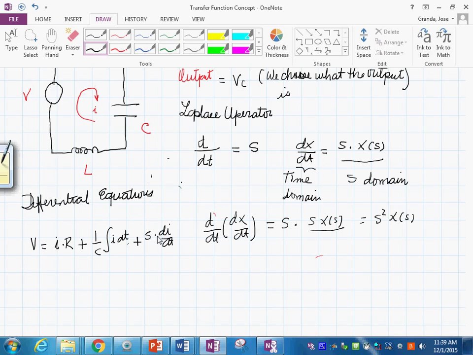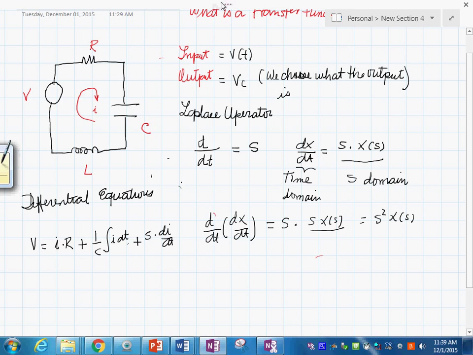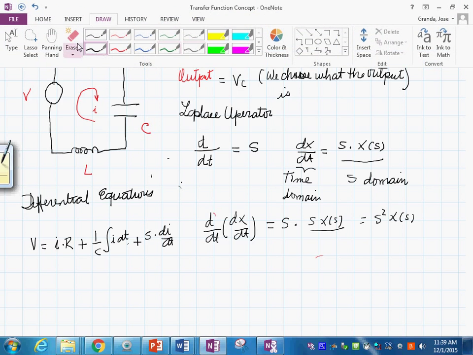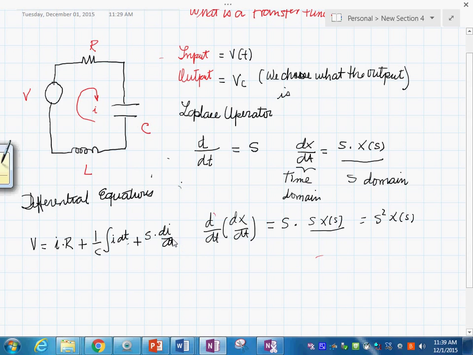So this is L times di dt. This is the voltage of the resistor, the voltage of the capacitor, and this is the voltage of the inductor. Notice this equation here.